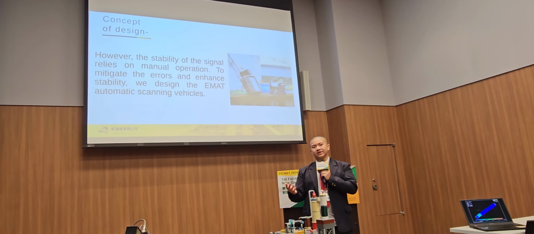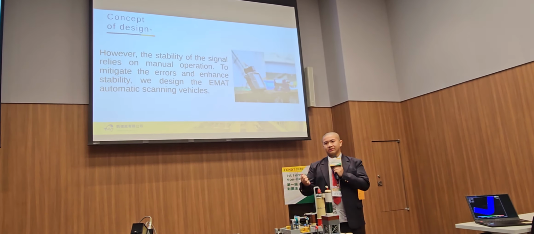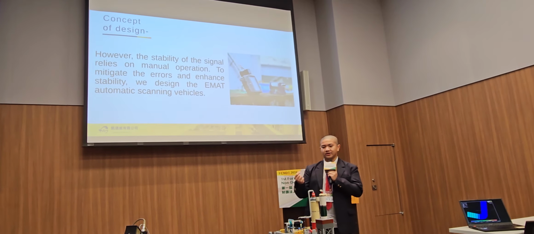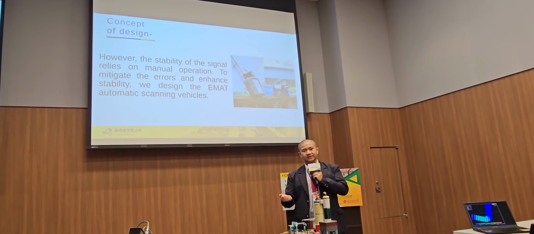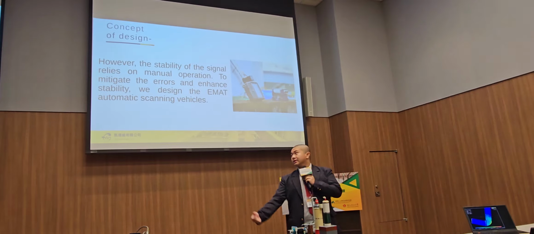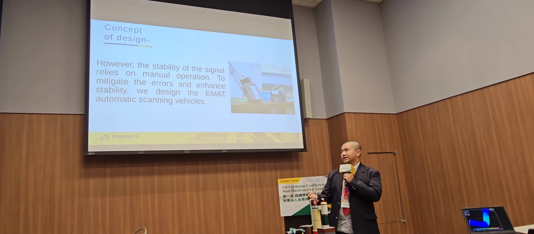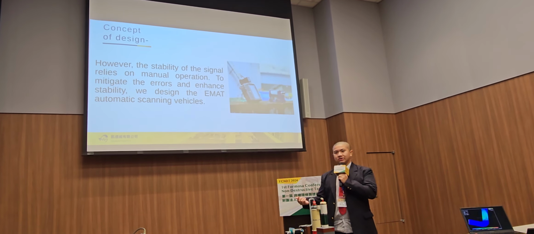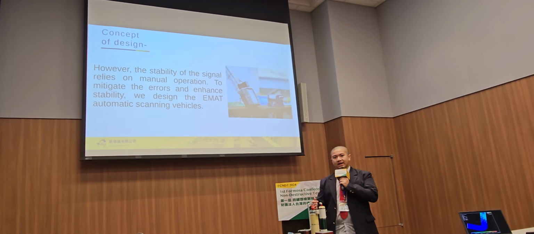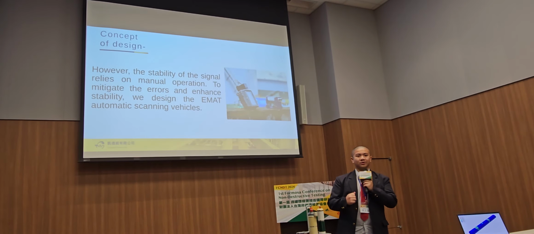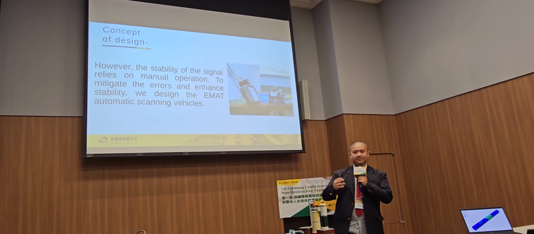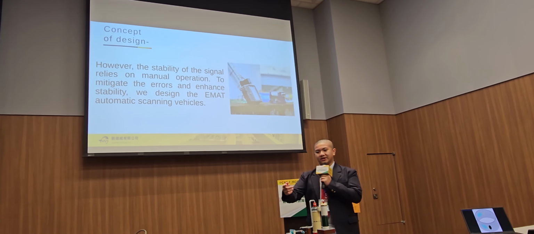The robot is more stable than human hands because when your speed is not stable, the signals will be deleted sometimes, or the transducer will jump to another place. So to enhance the stability and mitigate errors, we developed this EMAT automatic scanning vehicle, and we use Lego robots and the laser engraving technology to develop that car, the automatic scanning vehicle.